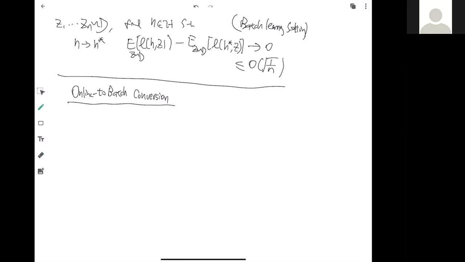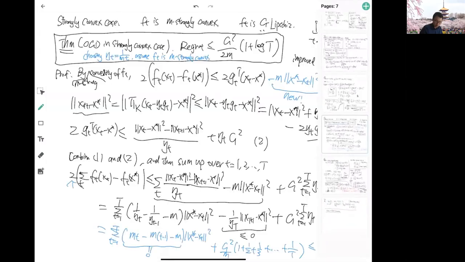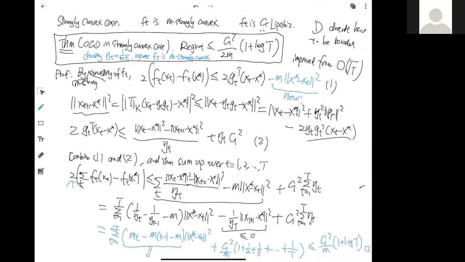Can I ask you one question? Yes, please. At the end of the strongly convex case proof for OGD, we have a harmonic series, 1 plus up to 1 over T. That's right. Then you upper bound it by 1 plus log T, right? That's right. But we can also bound it by log of T plus 1, right? With T plus 1 inside the log.